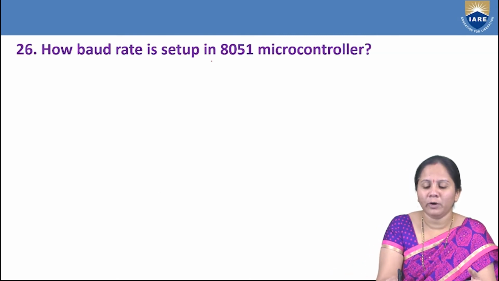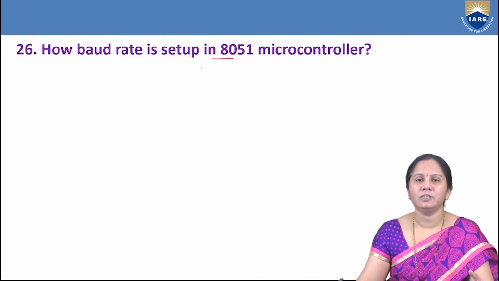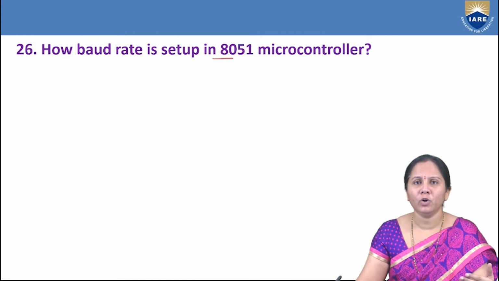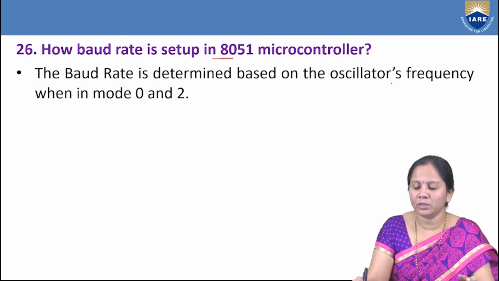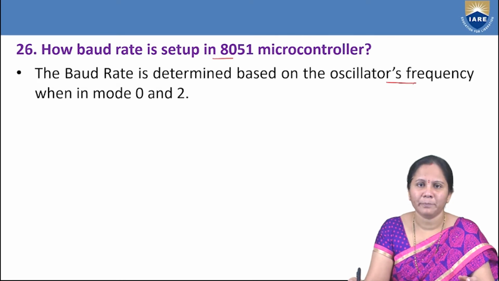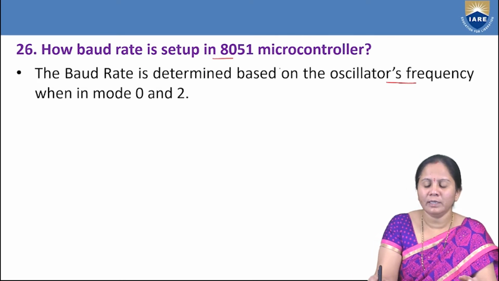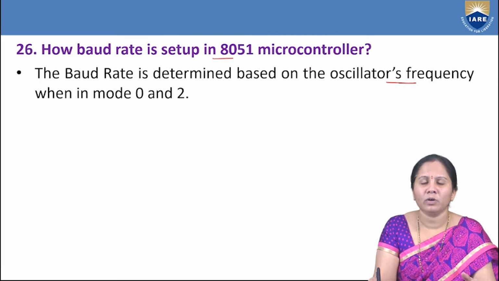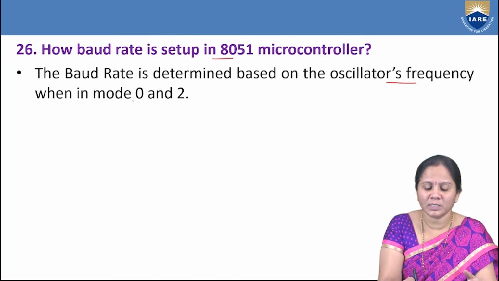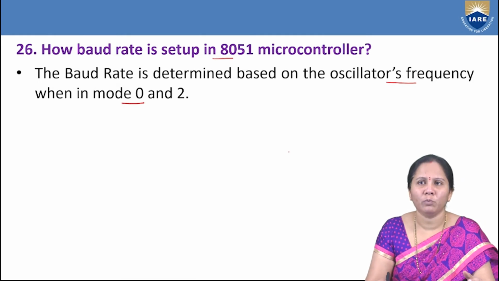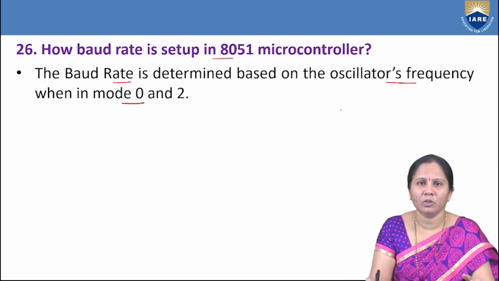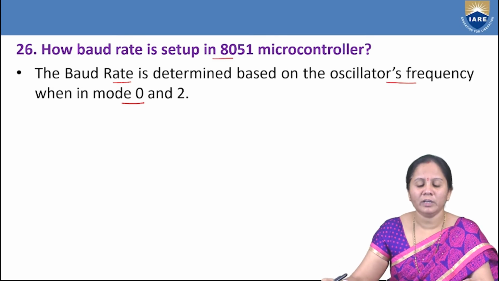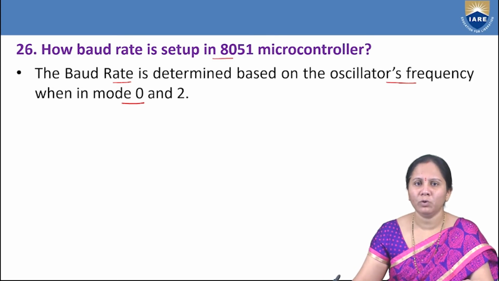Now, how is the baud rate set in the 8051 microcontroller? To set different baud rates, it is dependent on the oscillator frequency. Generally this microcontroller can be operated in different modes like mode 0, mode 1 and mode 2. The baud rate is determined by the oscillator frequency when operating in mode 0 and mode 2.